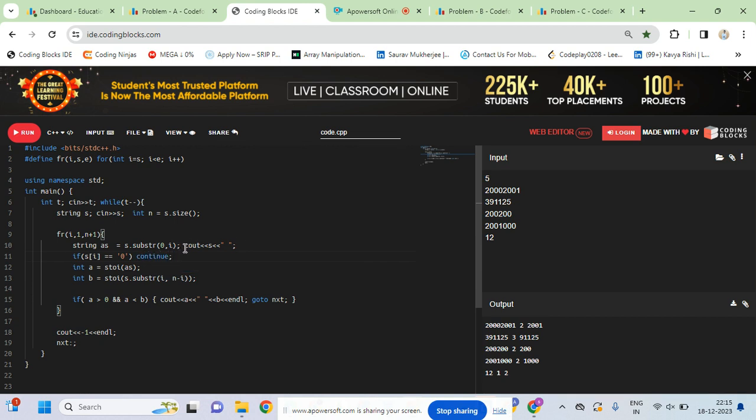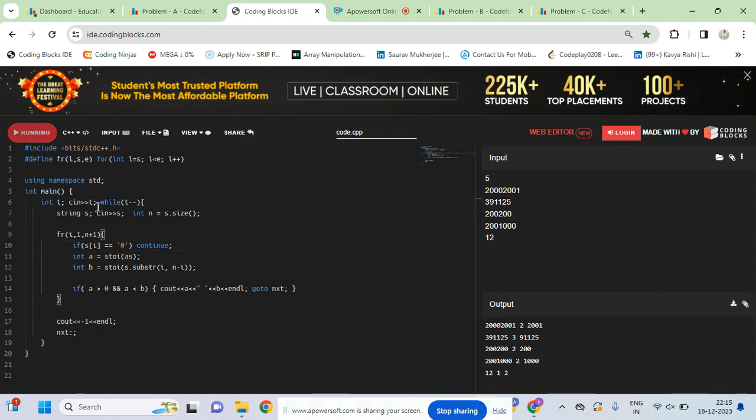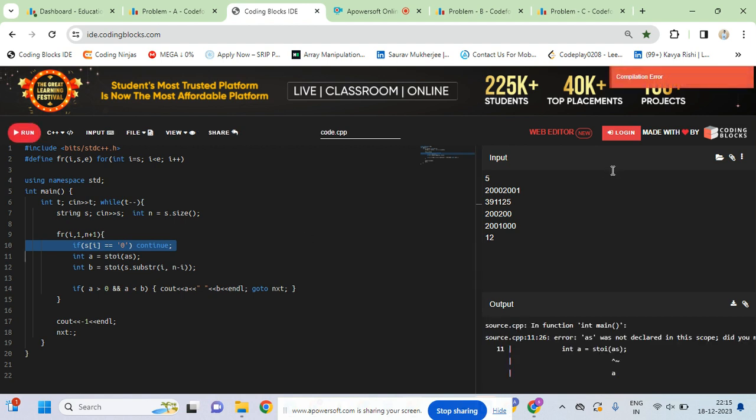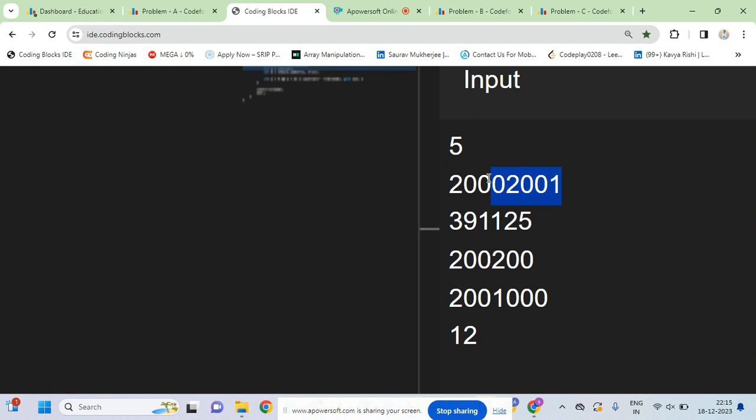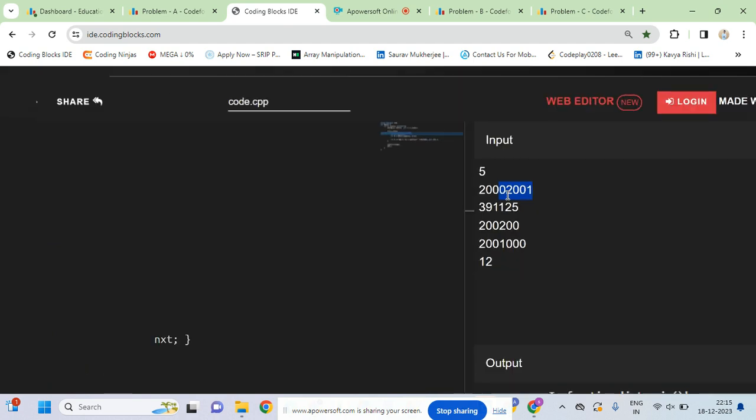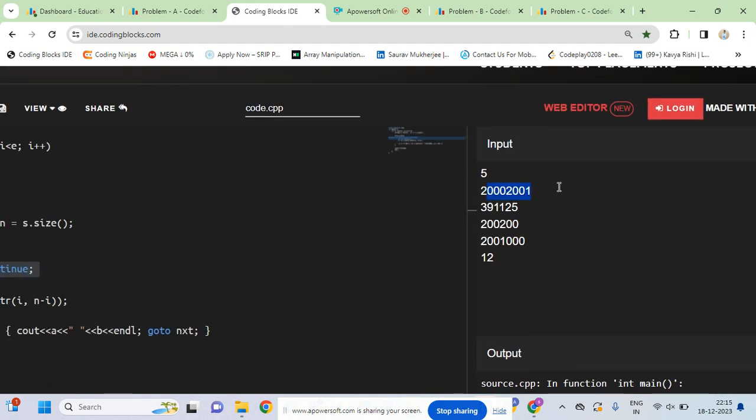Okay, now it should be fine, it should be very fine. This is the condition that I just explained: whenever we are choosing a breaking point and starting another string, we cannot start straight away with the first character being zero. Like in this case, the first character is zero, so we cannot choose something like this.